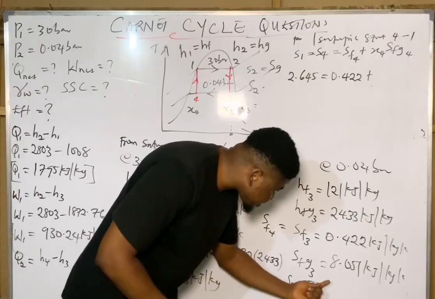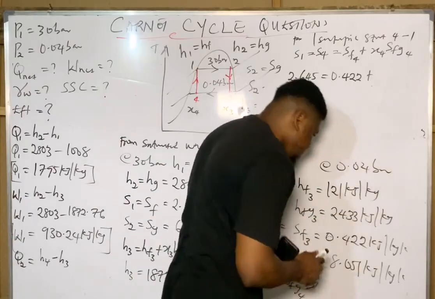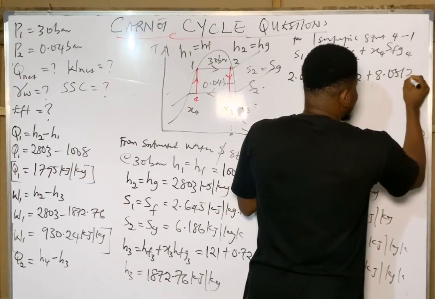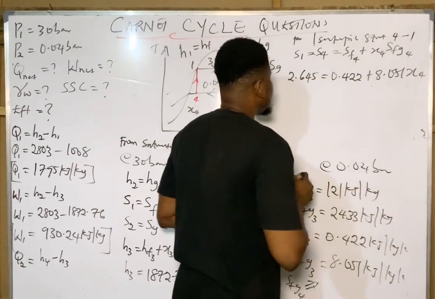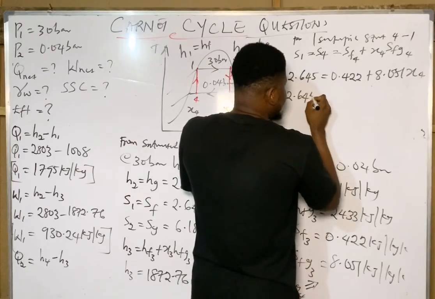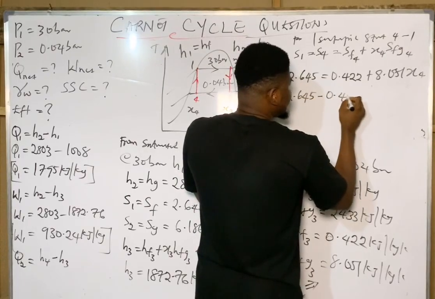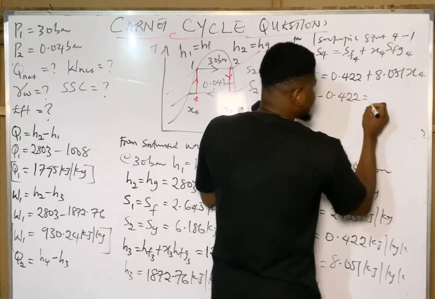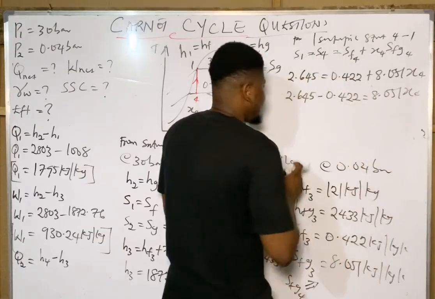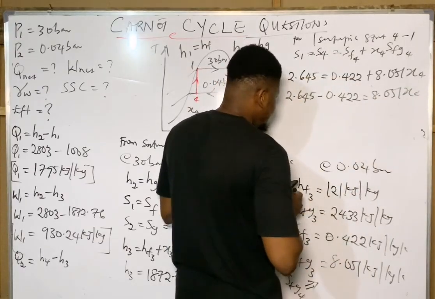SFG4 still gave us 8.051. So 2.645 minus 0.422 equals 8.051 X4.